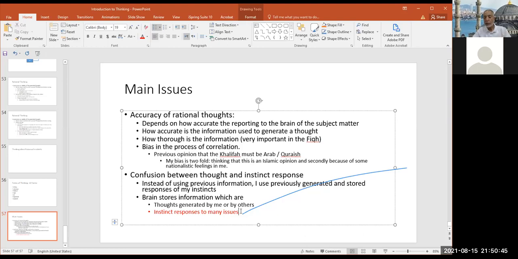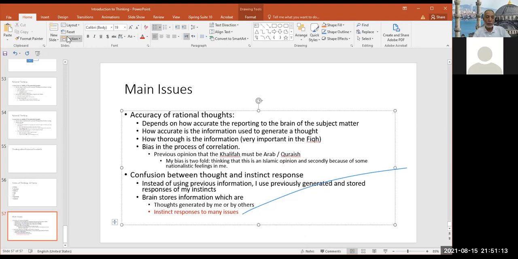And so this is an instinct response, which is okay, you can use it, but that's not a thought. Now, if you want to provide a thought, and you use your own instinct response, that's not a thought. That's still a response to the instinct.